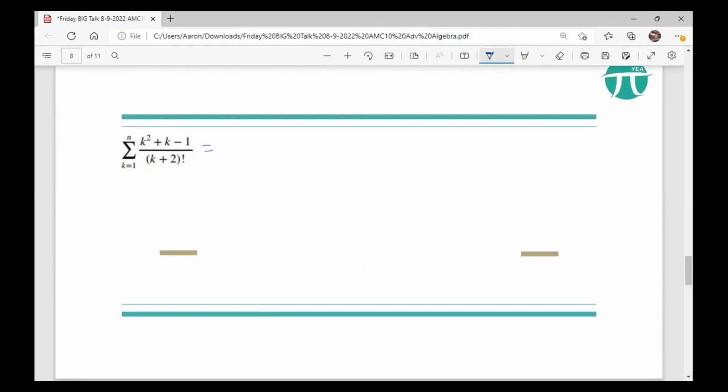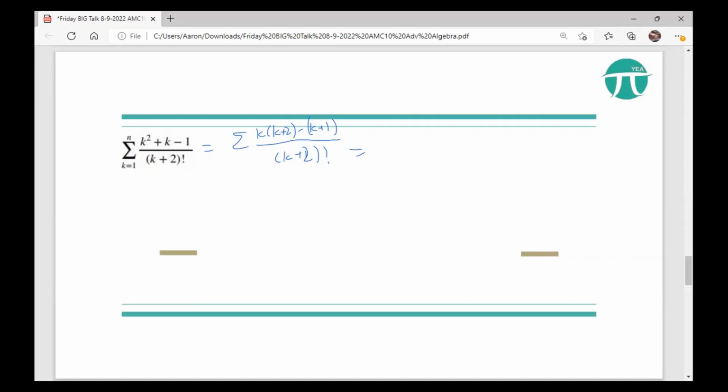So this is equal to just the sum of k times k plus 2 minus k plus 1, over k plus 2 factorial. And so that means that this is just the sum of k over k plus 1 factorial.